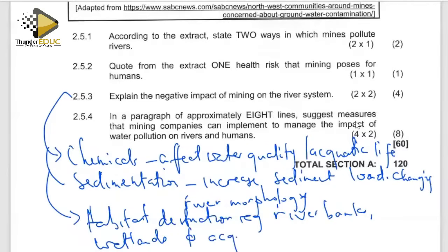And also the aquatic ecosystem is negatively impacted. So those are some of the effects that mining activities can pose on the river system. It can also destroy habitat around the river systems, like in the river banks or in the wetlands, and it also disturbs the aquatic ecosystem.